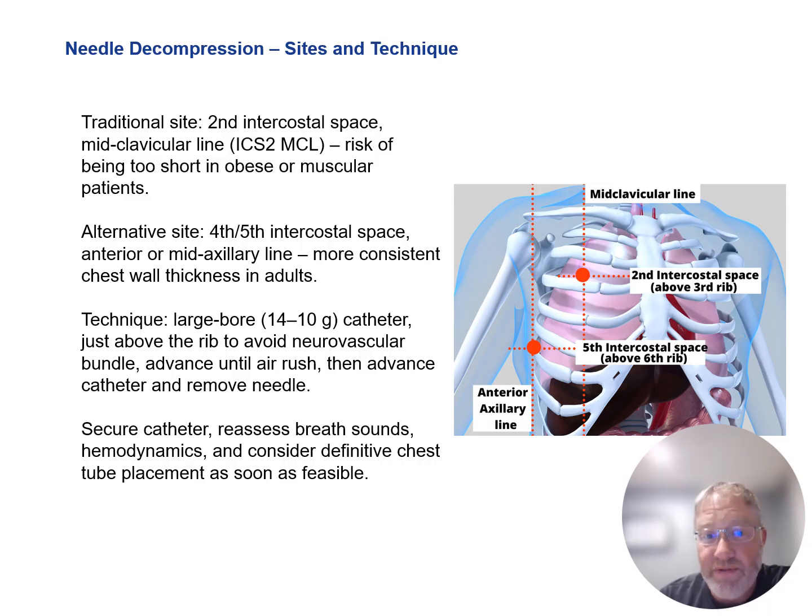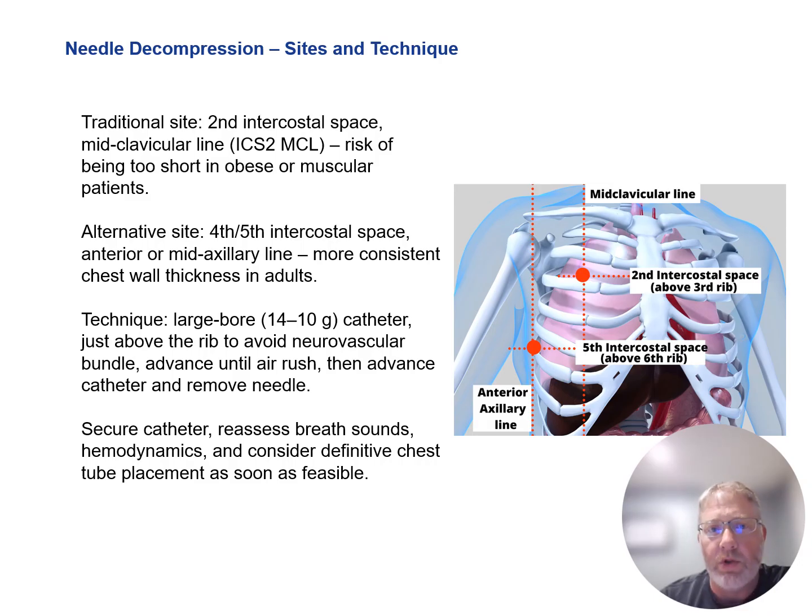The fourth or fifth intercostal space at the anterior or the mid-axillary line actually offers a more consistent chest wall thickness, which is why many trauma systems have moved to that site as their go-to for needle decompression.